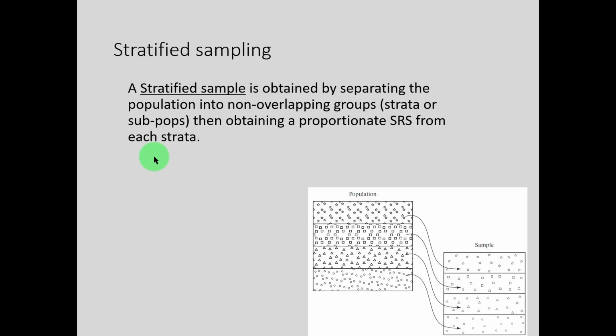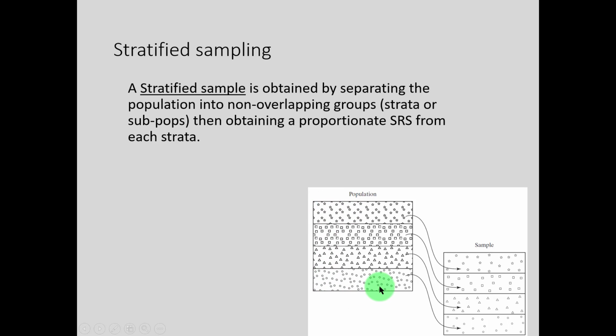A stratified sample is first you divide up the population into non-overlapping groups, or strata, or subpopulations. Now, non-overlapping, so an individual cannot exist in 2 groups at once.